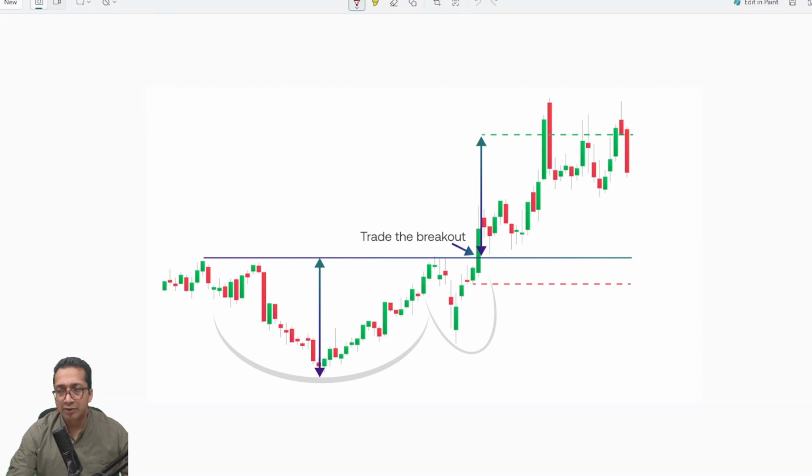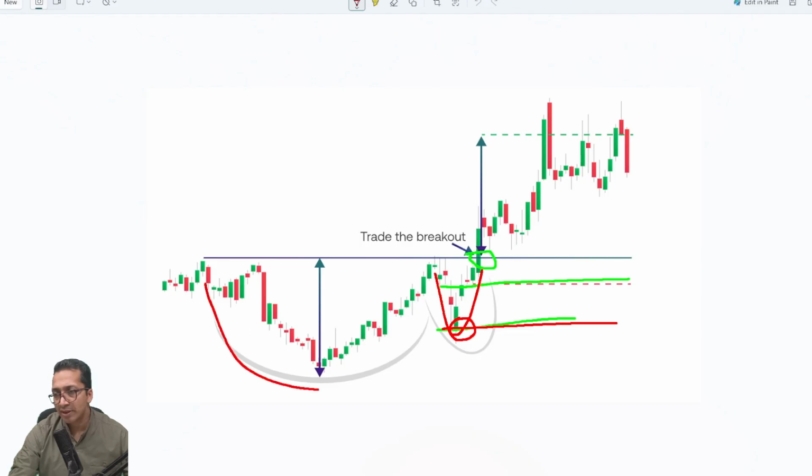Now, third thing is that you have to define your stop losses. Suppose you have entered here. You need to define your stop loss. You can put your stop loss either below this candle or below this, but I would ideally put my stop loss here because this is the stronger point below which we don't expect the price to go. Why? Because first you have made a bigger dip, after that you have made a smaller dip.